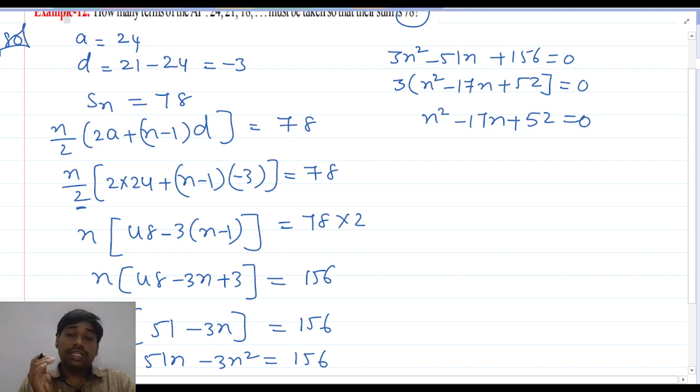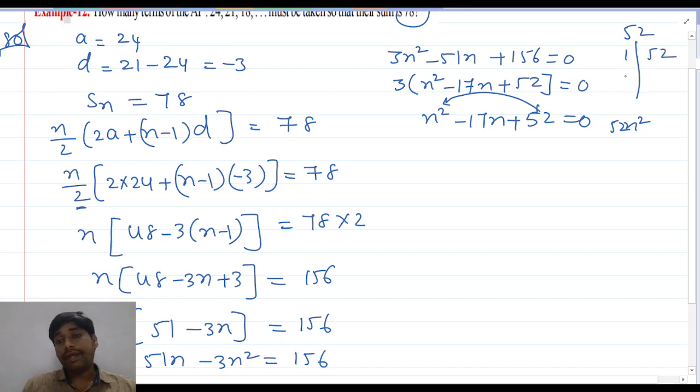Now we have to find the factors of n here. For that, we multiply the first and last terms, so n square into 52 is 52 n square. Write the factors of 52: 1 and 52, 2 and 26, 4 and 13.